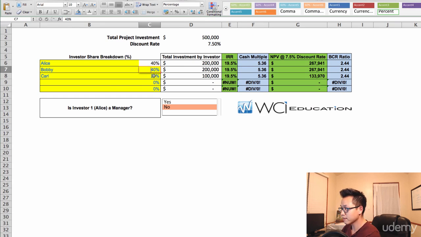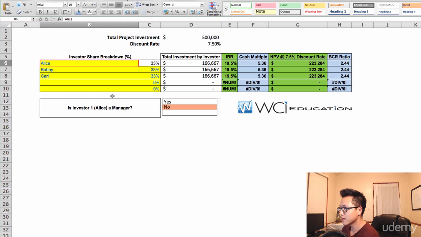Let's say they all invest the same amount of the investment, 33.33%. And if there's no waterfall, where Alice here, the main founder, is not putting in more sweat equity than others, everybody's getting the exact same return on their money, right?